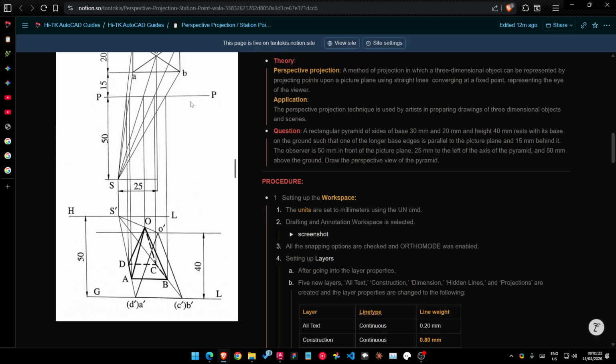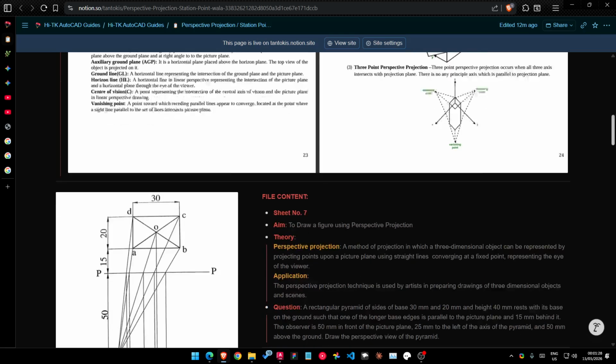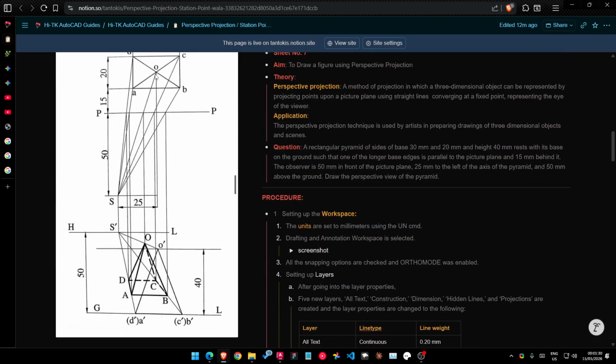We drew this picture plane, drew this rectangle, got till S by drawing these diagonals, getting the apex, and since it says the observer is 50 mm in front of the picture plane, we got till here 50 mm in front of the picture plane and 25 mm towards the left from the axis of the pyramid.